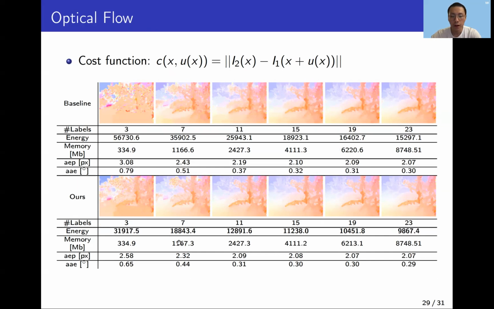And if you compare our method to the baseline, to achieve similar energy, we require much fewer labels. And it means we only need very small memory space to achieve a similar energy result.